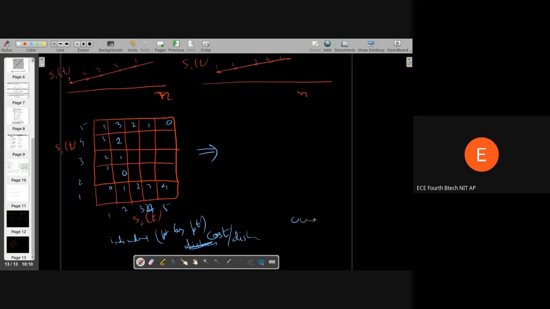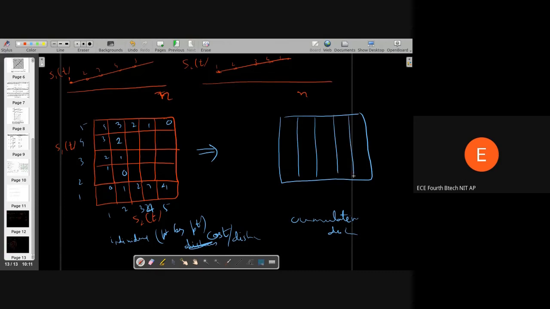And then we build a cumulative distance matrix. We found a way that at each point we have three paths available.